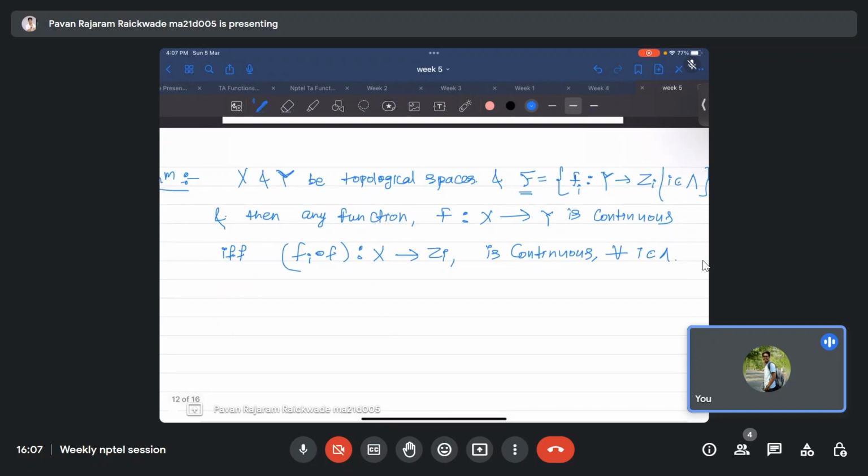What it says basically is, this is X, this is Y, and the Z_i's are there. Suppose this is one particular Z_i. There are so many Z_i's. So you have a function f here, and you have the functions phi_i here.